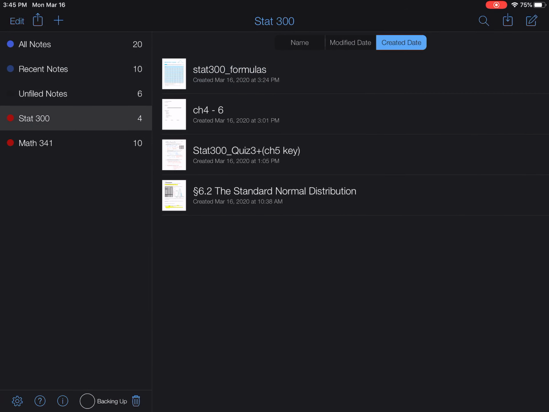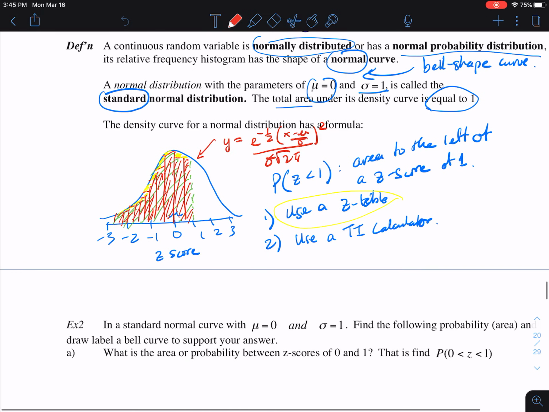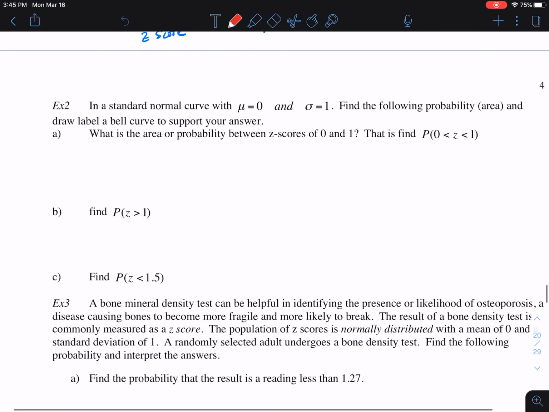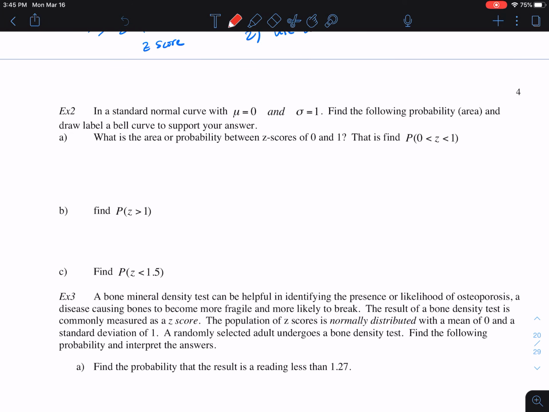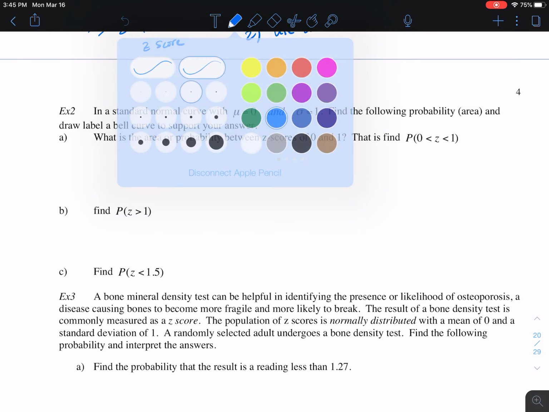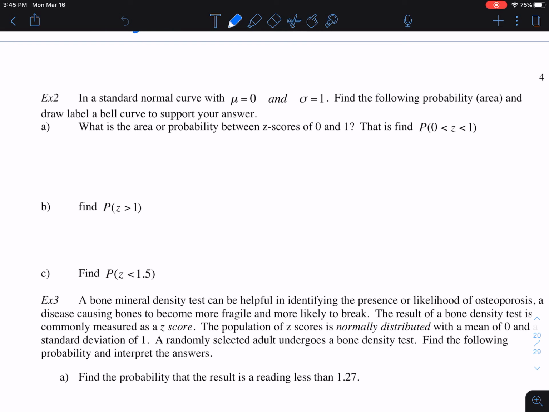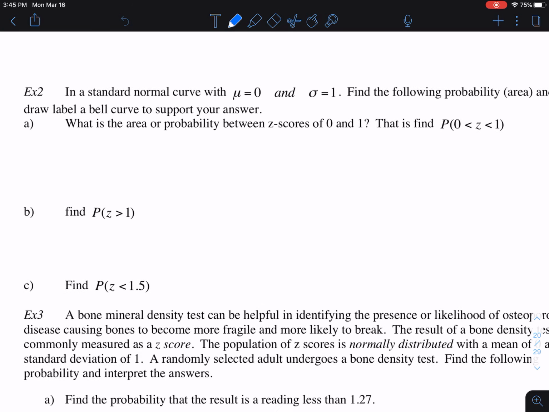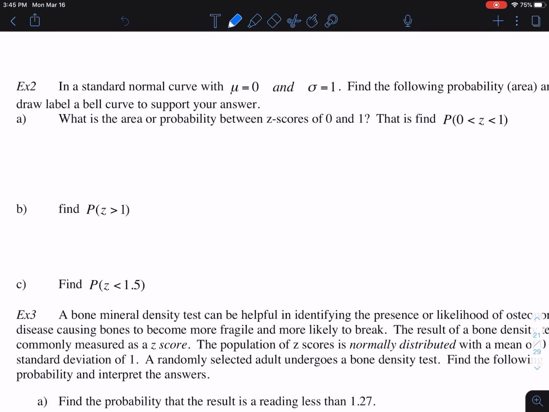Let's go back to our screen here. Let's do the next example. Alright, so this is saying that given a standard normal curve with mu equals 0 and sigma equals 1, find the following probability or area and draw and label the bell curve to support your answer. So this is asking for the probability between z equals 0 and 1.